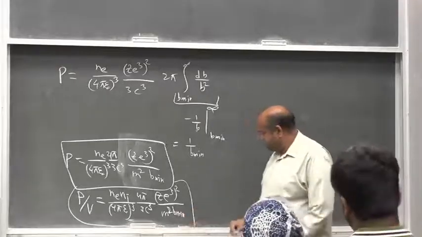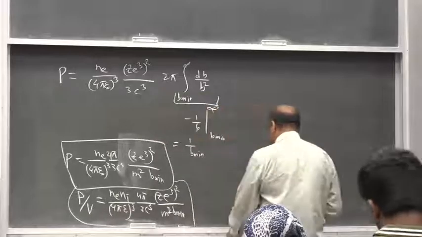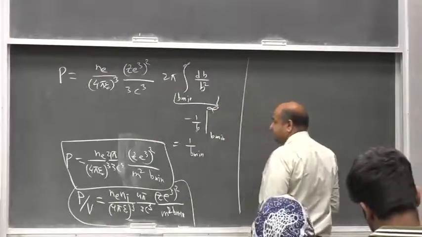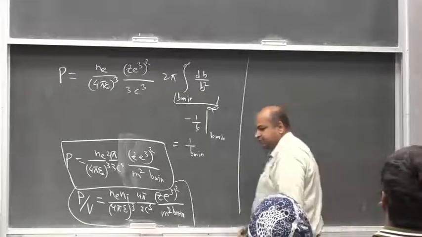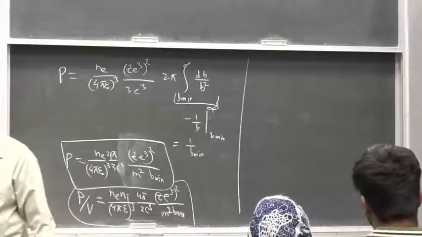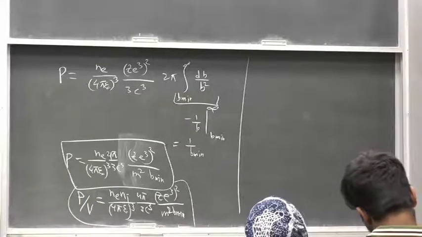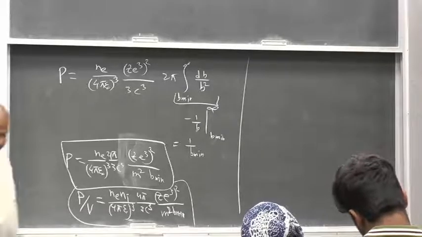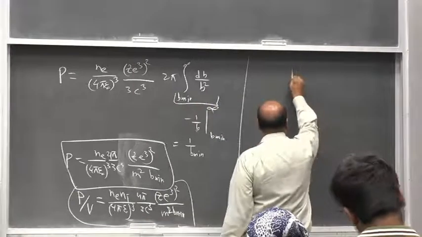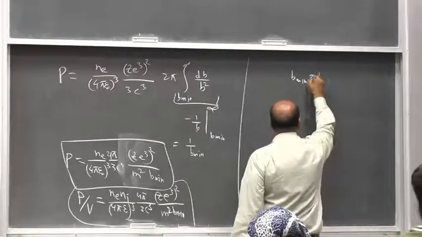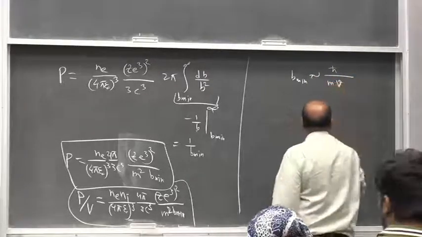ये जो b minimum है, ये by the way we can approximate it by the uncertainty principle. It says that the momentum and b minimum product should be of the order of h cut, so momentum is mv.